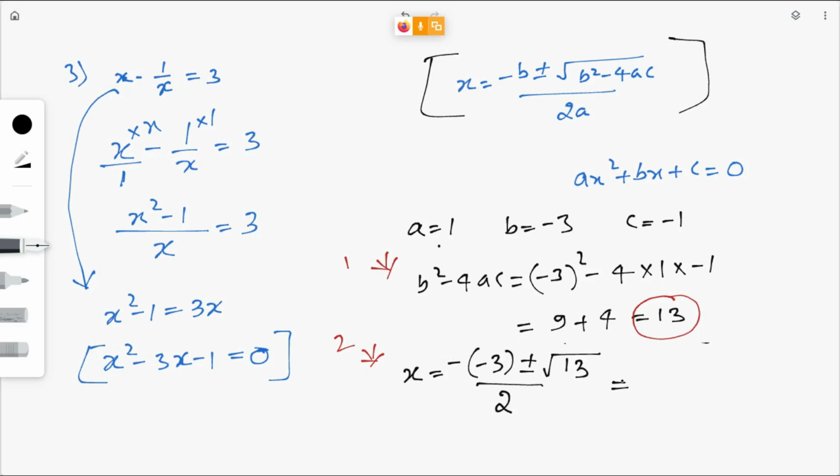Minus into minus is plus, so you will get 3 here, and then plus or minus root 13 divided by 2. After this, one solution will have plus and the other will have minus. So the first one is 3 plus root 13 by 2, and the second one is 3 minus root 13 by 2.